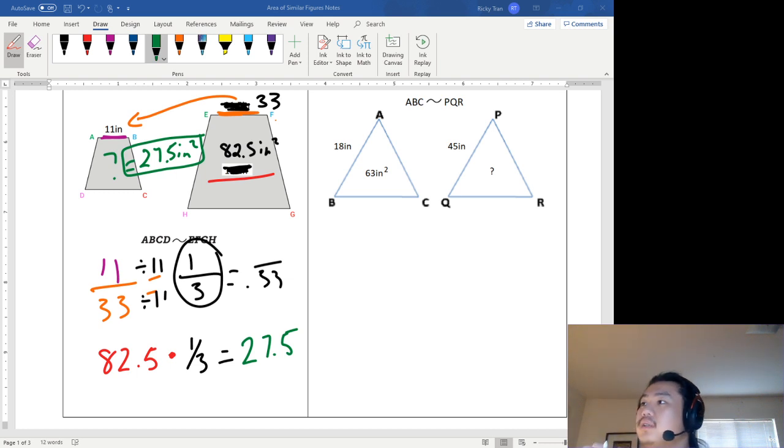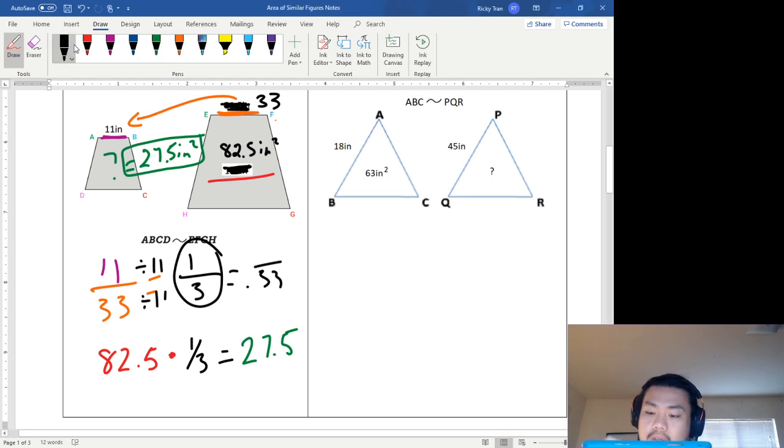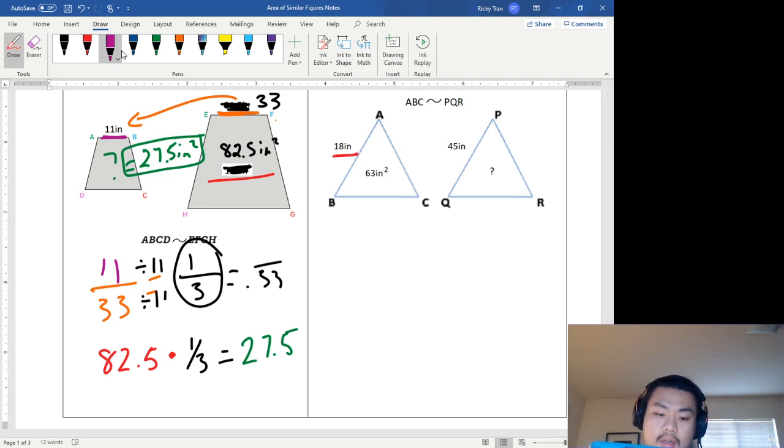Okay, so now let's go over the second question. All right, we have 18 here, 45 here, and it's going to be 18 going to 45. And our area for the bottom is going to be 63, and we're trying to find that.